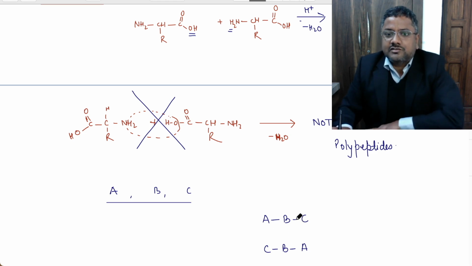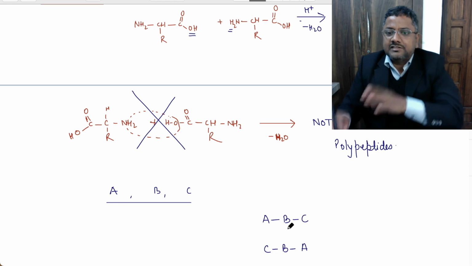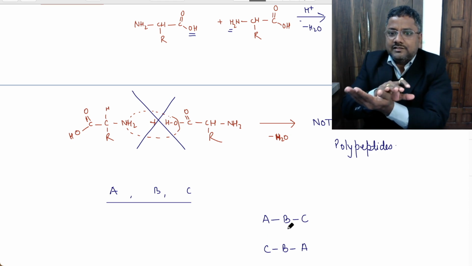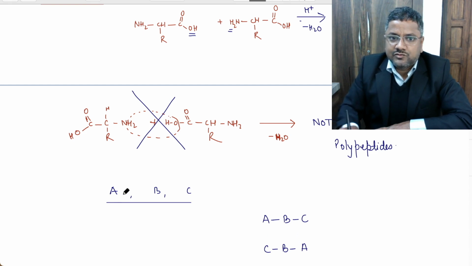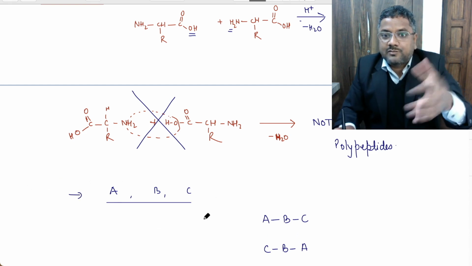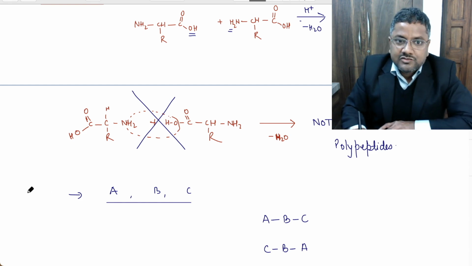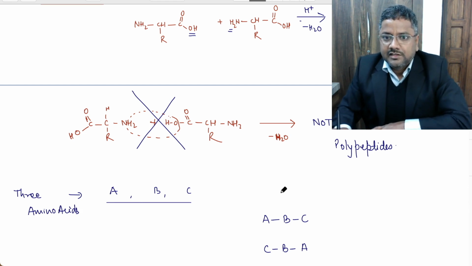I have just reflected this C here. Means if you reflect this molecule like this, you can achieve this. So these are the three amino acids. I'm taking one example to explain the difference. This is one sequence, A, B, and C. Other sequences are also possible.